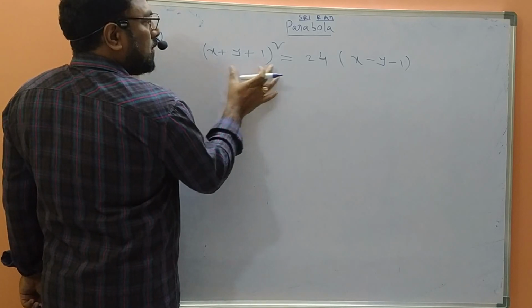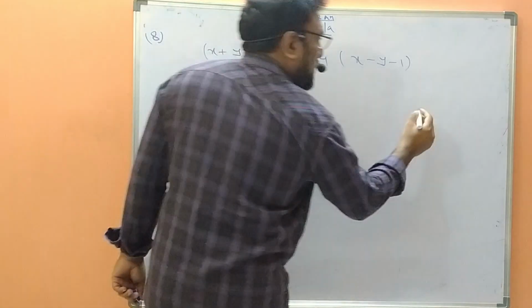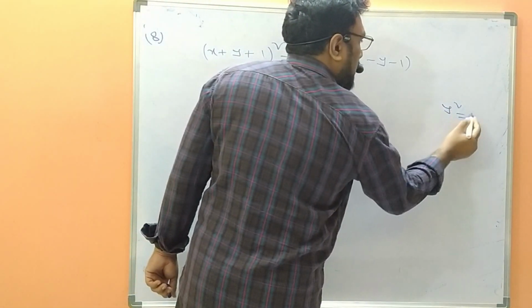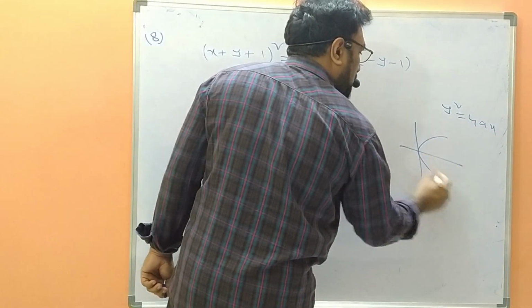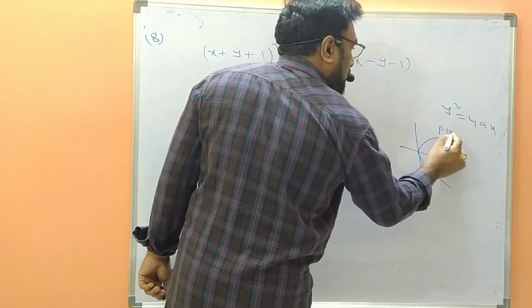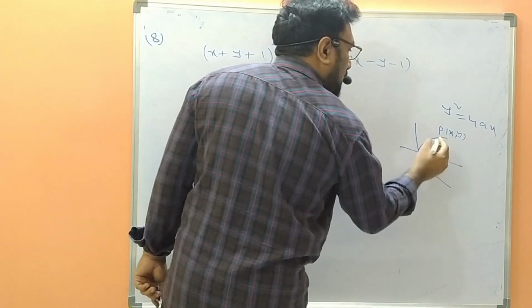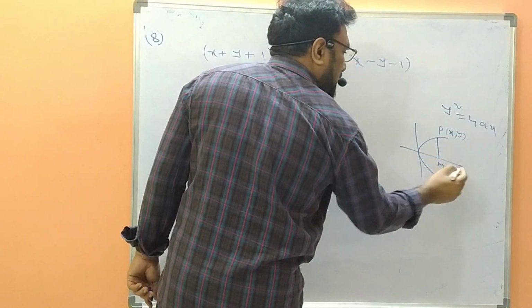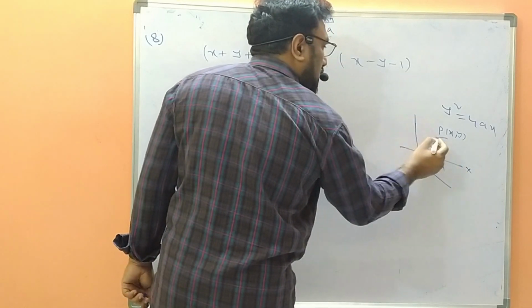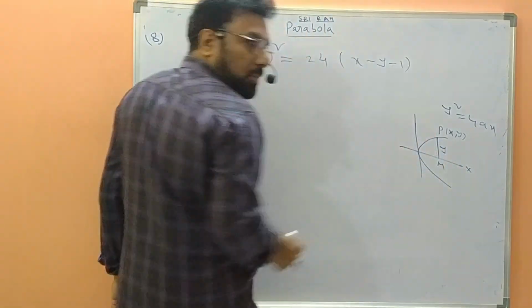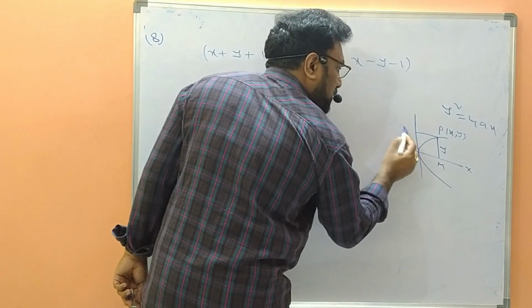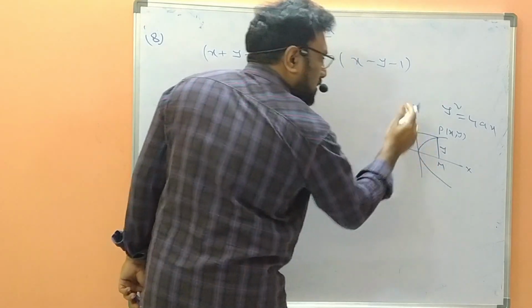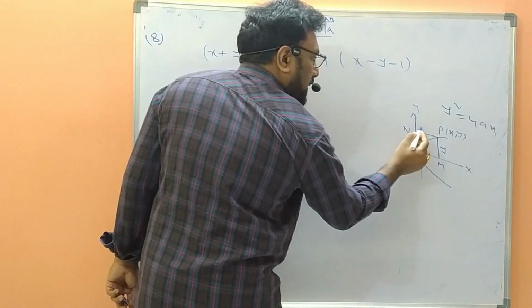Now it is in the form of y square equal to 4x, but in y square equal to 4x, if you draw the parabola, suppose P(x, y) be any point on the parabola, draw perpendicular upon the axis of the parabola, that is PM. PM is y. Now draw perpendicular from P to tangent, that is y axis, that is PN.